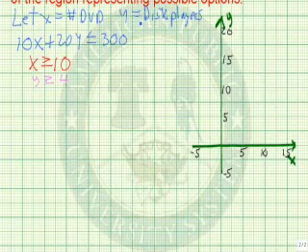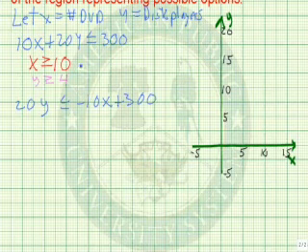Now because only positive values make sense, we're just going to focus on quadrant 1 in the upper right hand corner. 10x plus 20y less than or equal to 300. Let's take 20y less than or equal to negative 10x plus 300, solving the equation for y. Let's divide everything through by 10 to make the numbers easier to work with. 2y less than or equal to negative x plus 30.